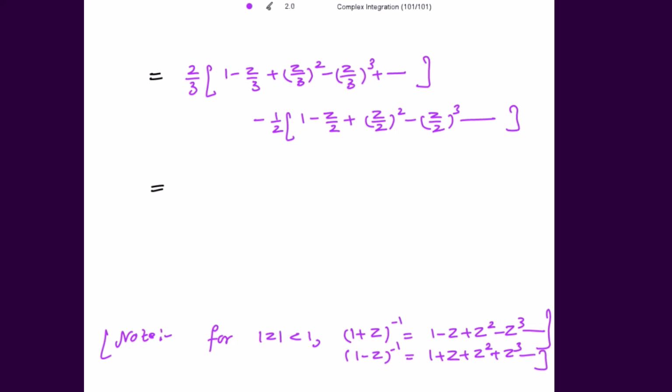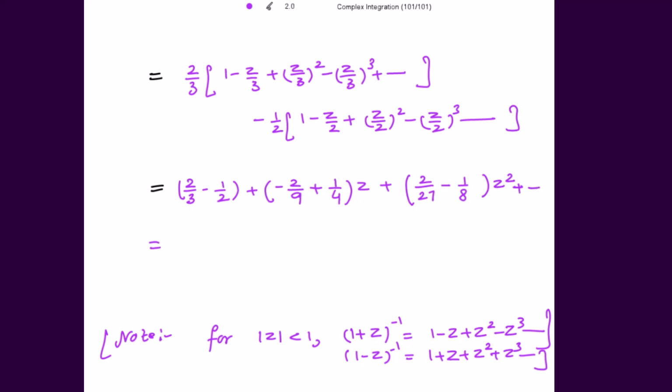So now collecting the constant term first, we get 2 over 3 minus 1 over 2. And then the coefficient of z, that is minus 2 over 9 plus 1 over 4, into z, plus then the coefficient of z square, that is 2 over 27 minus 1 over 8, plus so on, right?